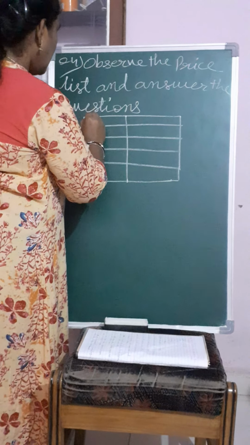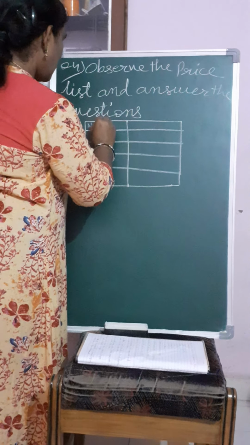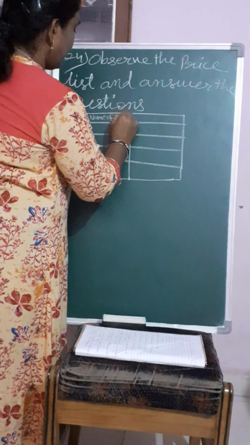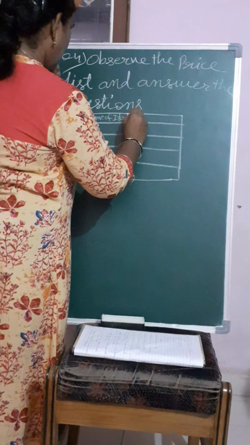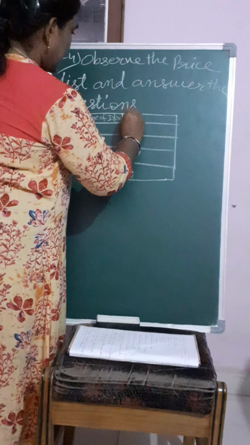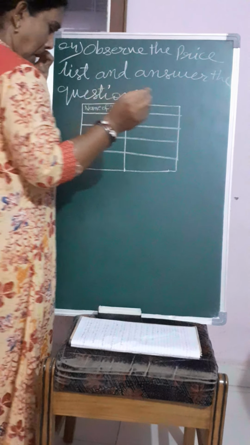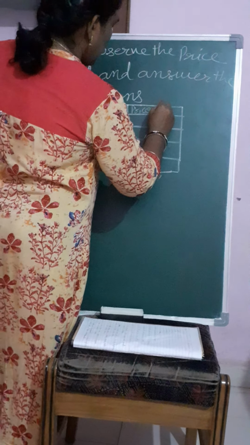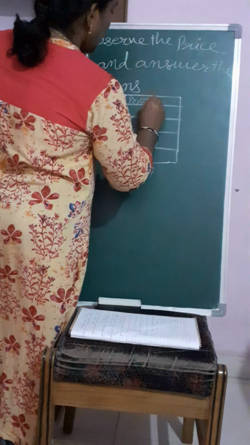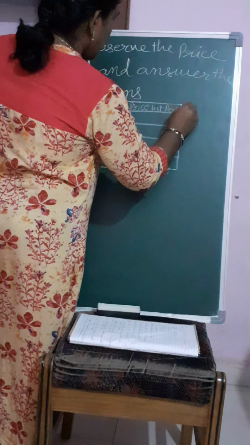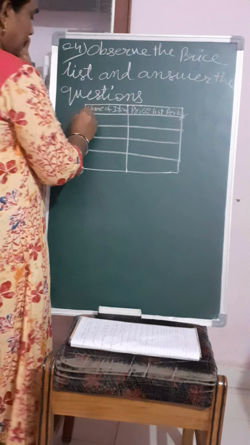Okay, here the name of food items and price list per kg. Okay, each kg how much it costs is given here.